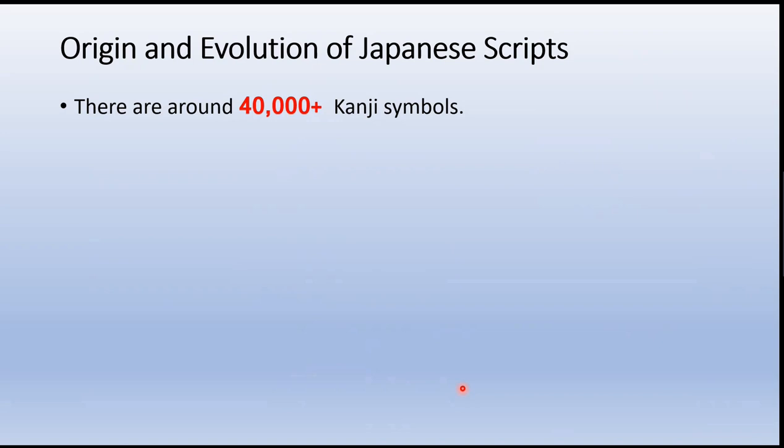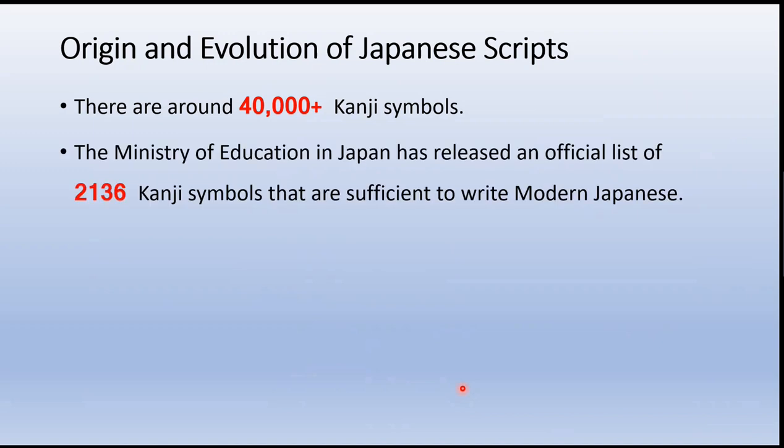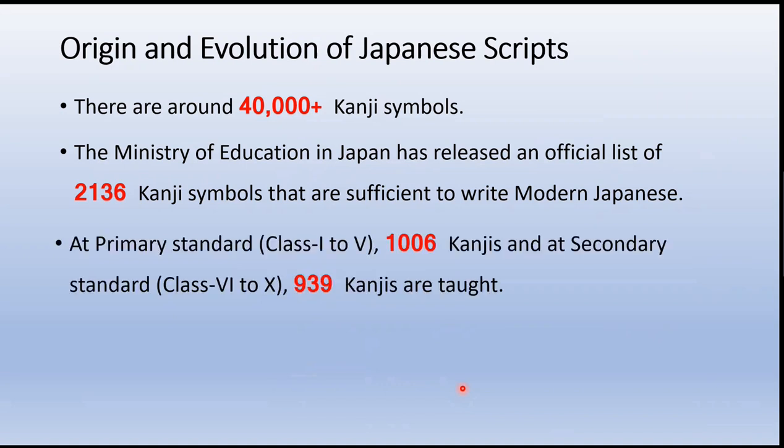Friends, there are more than 40,000 kanji symbols, but you need not worry about it because the Ministry of Education in Japan has released an official list of 2,136 kanji symbols that are sufficient to write modern Japanese. Out of these 2,136 symbols, in the primary school standard, that is from class 1 to 5, 1006 kanjis are taught while the remaining 939 kanjis are taught in the secondary school level, that is in class 6 to class 10.